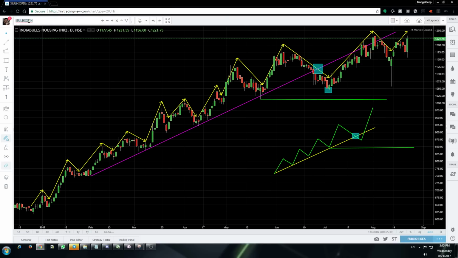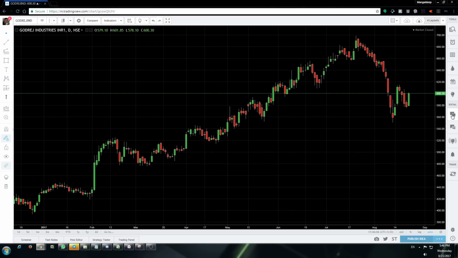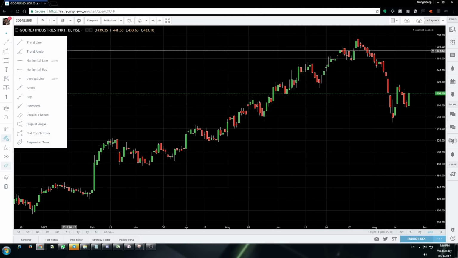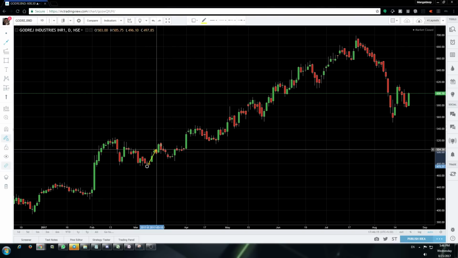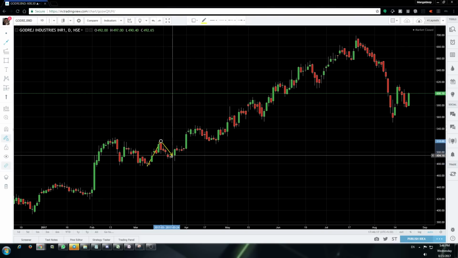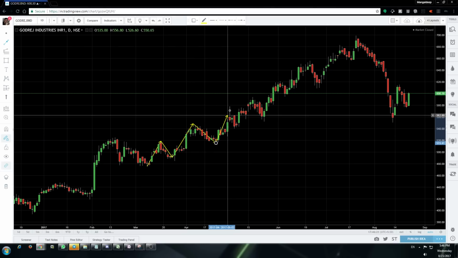Now let me take an example of another script, that is Godrej India. This is a good example that I saw here. So just to go ahead and draw a quick trend here, this has been making good higher highs and higher lows.